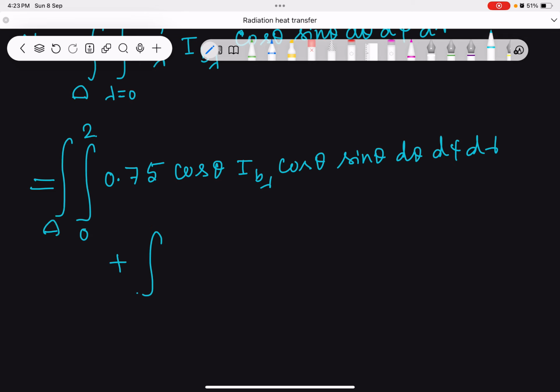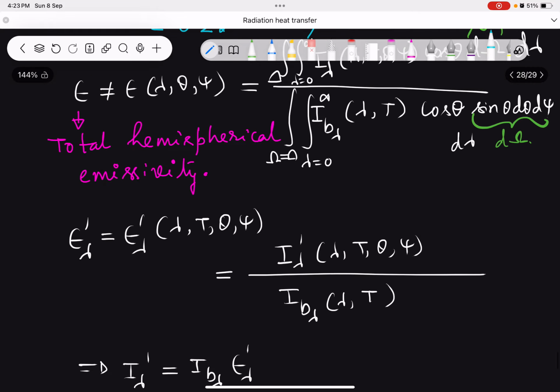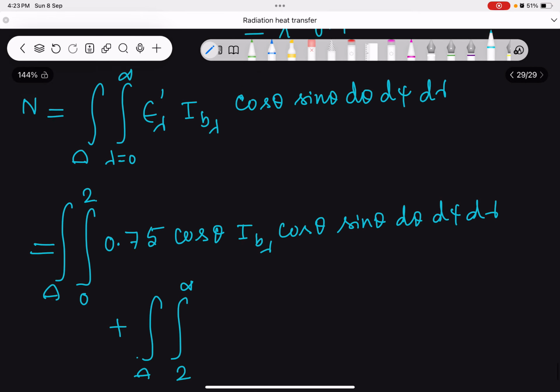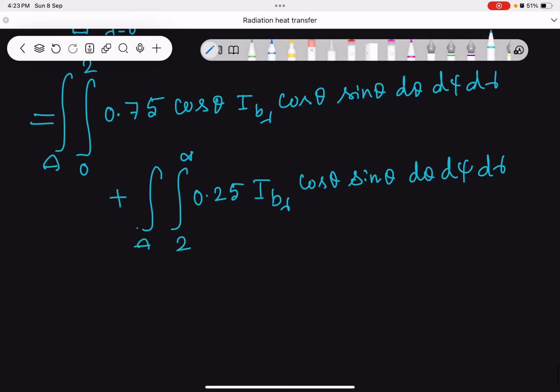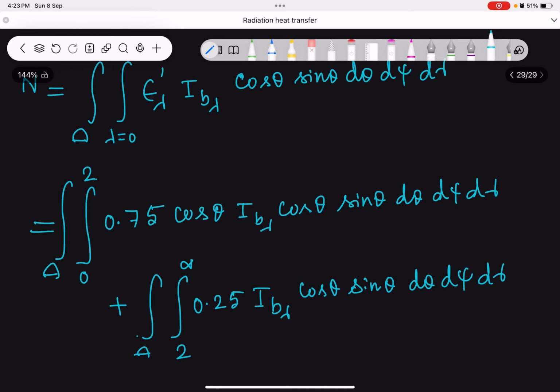Also I have to integrate over the hemisphere. So plus I have to write from 2 to infinity, where it is given as a constant, and that constant is 0.25. So it will be 0.25 I b lambda cos theta sin theta d psi d lambda. Clear?